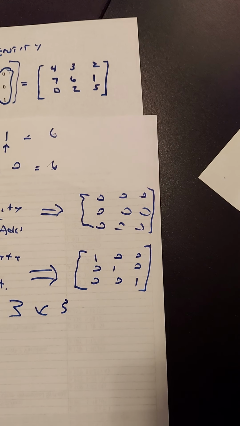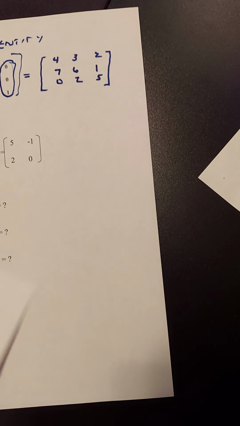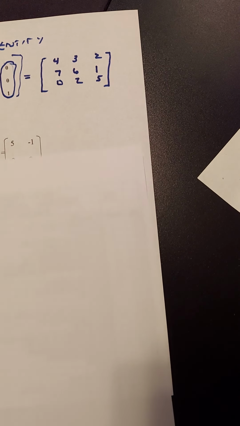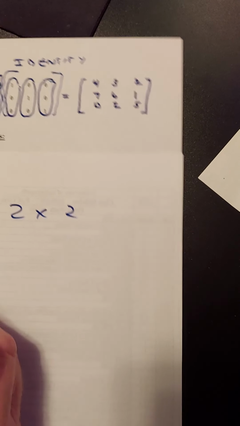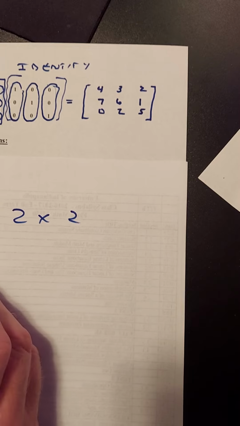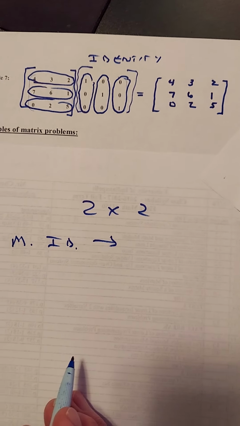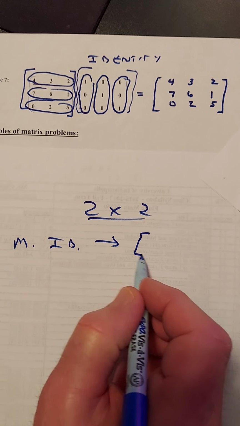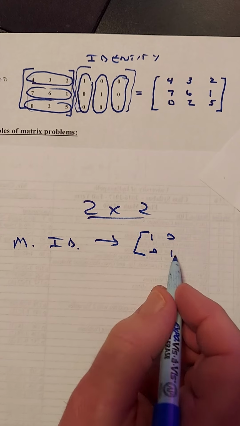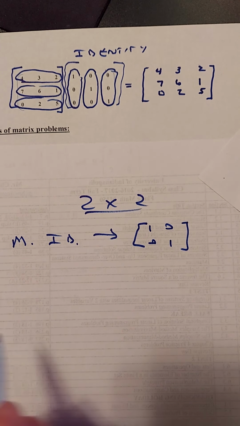Let's just take a second. If we were talking about a 2 by 2, the multiplicative identity, I should do addition first, but the multiplicative identity would look like this. 1s here and 0s everywhere else.